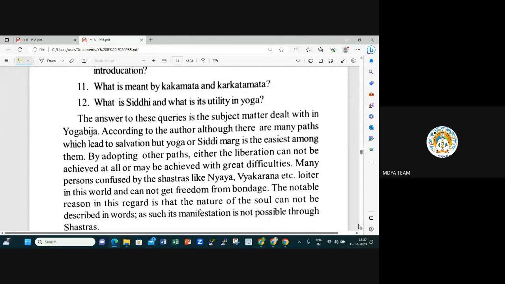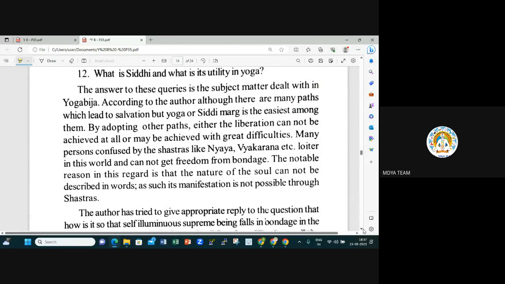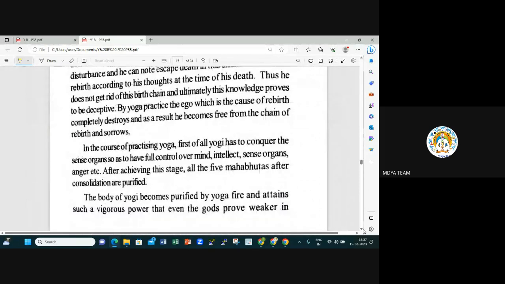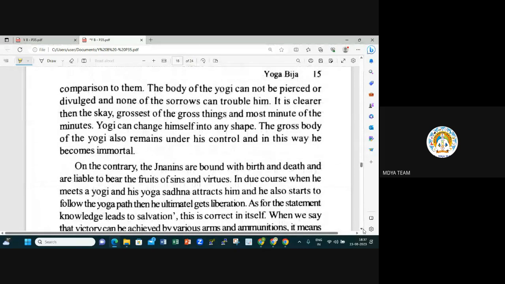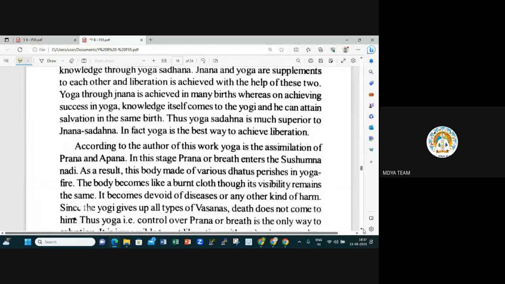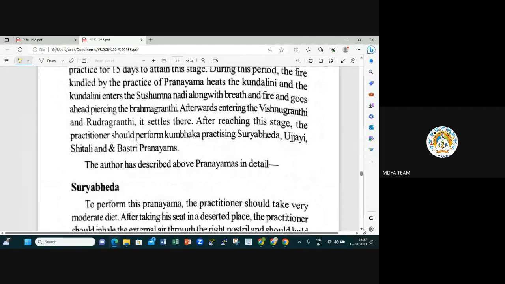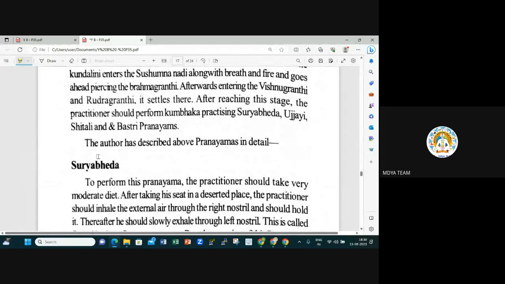Then what is in between this book? Here, some more things I am just highlighting for you. Many things are discussed here. Besides these 12 questions, here Lord Siva will describe some pranayams.